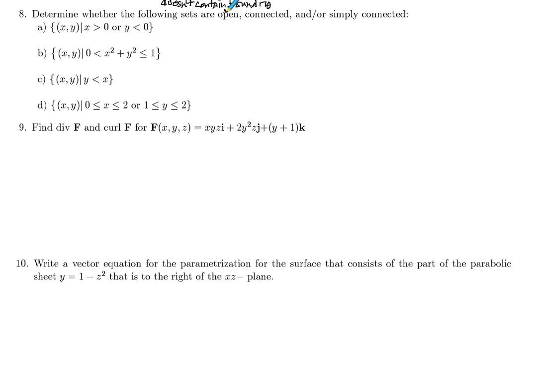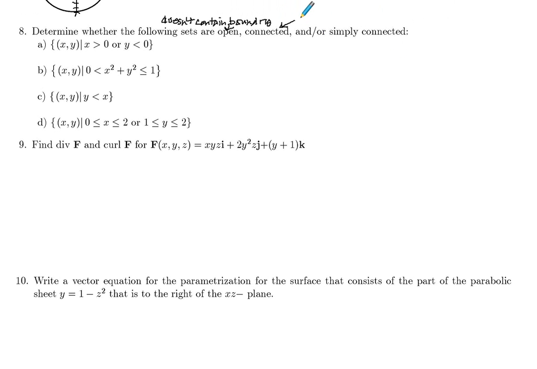So this is open. Connected simply means that it's all in one piece. And simply connected means every closed curve only contains points that are in the set, and that meant that there could be no holes in the set.